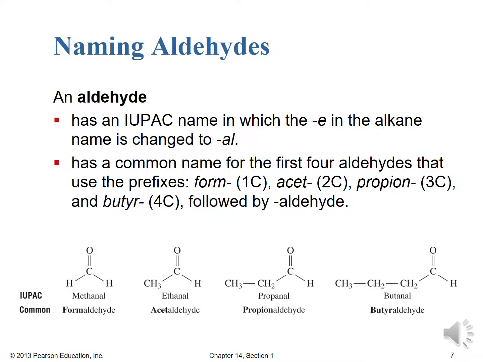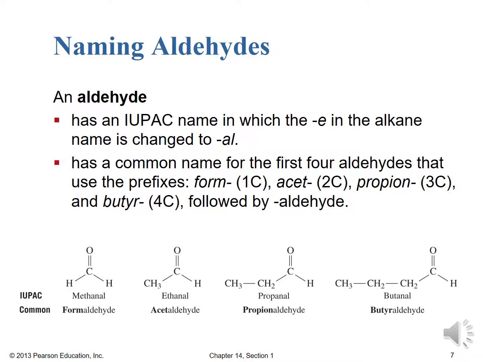For our 2 carbon aldehyde, it's ethanal according to IUPAC, or acetaldehyde by the common name. Propanal would be our 3 carbon straight chain aldehyde, and then propionaldehyde is our common name. And finally, butanal is the IUPAC, and butyraldehyde is the common name for that 4 carbon straight chain aldehyde.